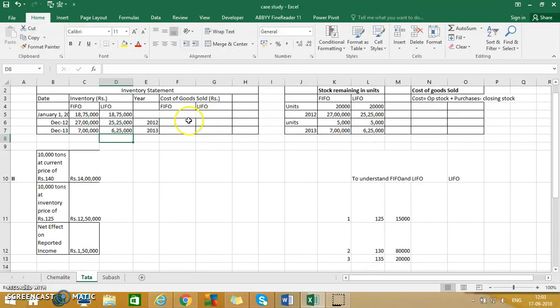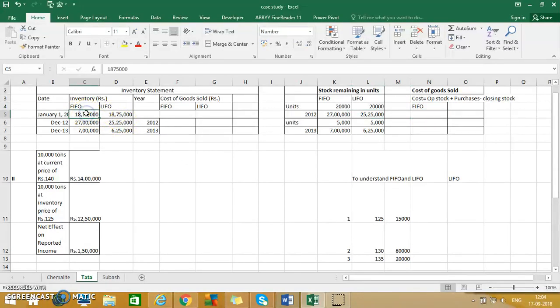Now the next question here is, what is the cost of the material? What is the formula for the cost of the material? The cost of the material is the opening stock plus the purchases that you make minus the closing stock. So what is the opening stock that we had? In the case of FIFO, let us just see the FIFO here. What is the opening stock that we had?